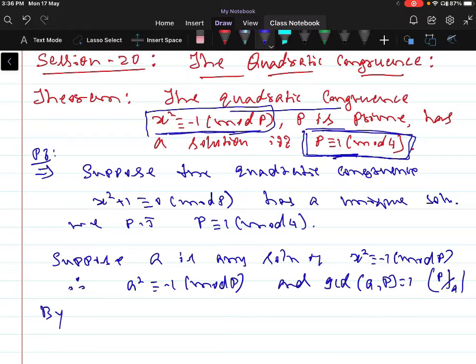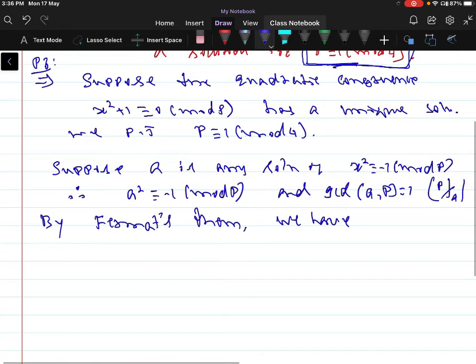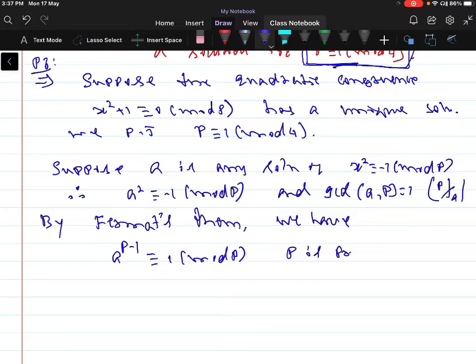By Fermat's theorem, we have a to the power p minus 1 is congruent to 1 modulo p, where p is prime and p does not divide a, where a is any integer.